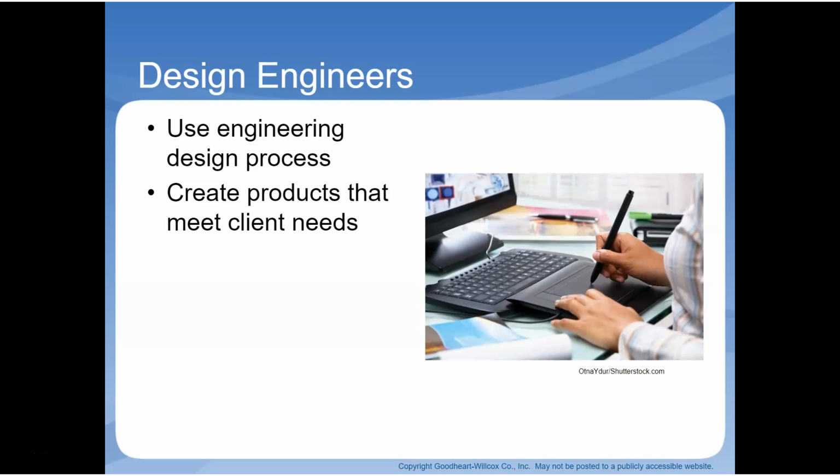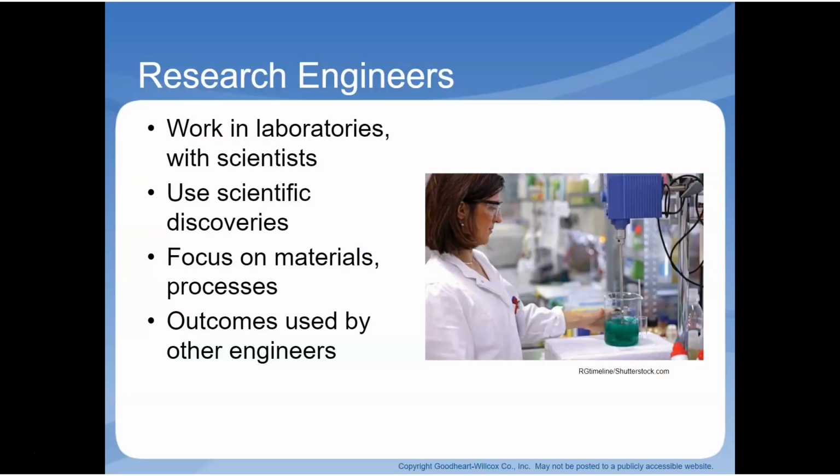So again, with the design engineers, we're going to be going a little faster now. They use the engineering design process, and they create the products that meet the client's needs. The research engineers work in laboratories right along with scientists. Like I was saying, the scientists are researching theories, and then the research engineers are putting those theories to the test and trying to see how they'll work in real world situations.